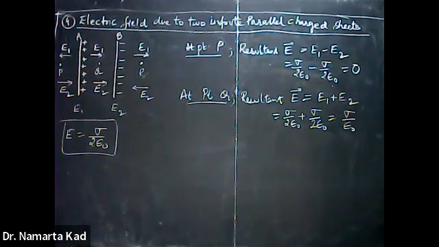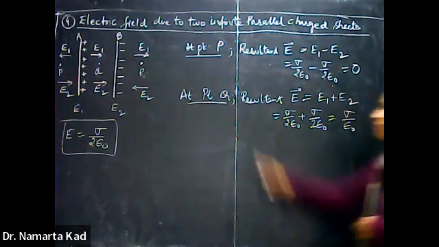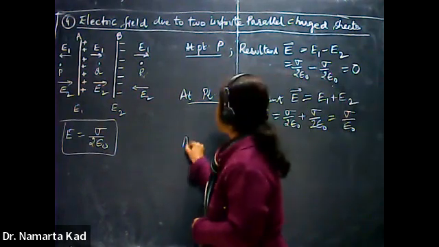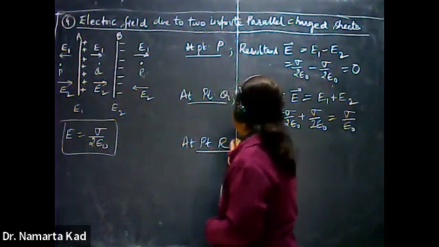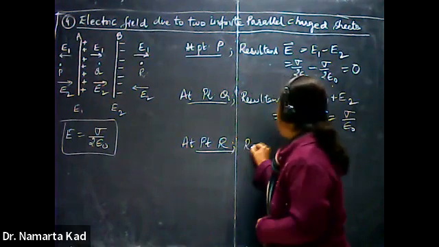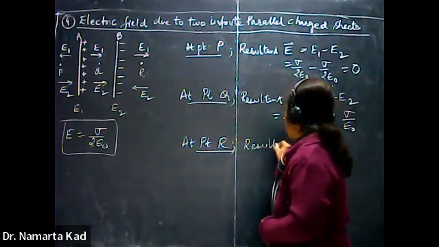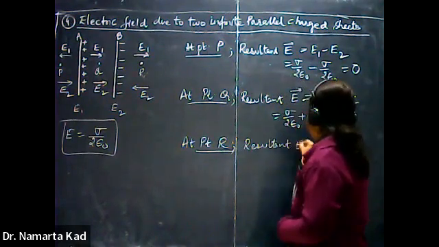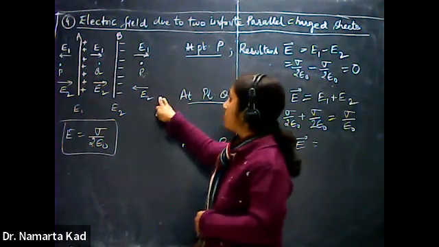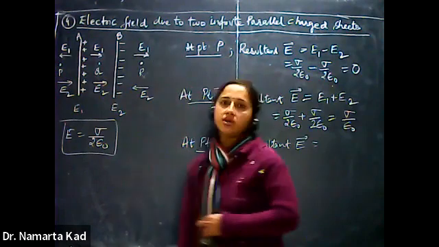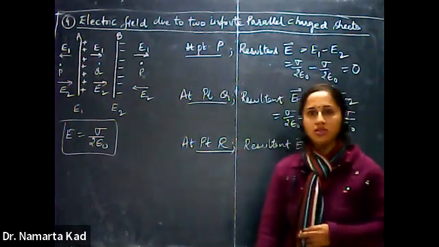Okay, so this is for point Q. Now at point R, here the resultant electric field intensity, as seen from the diagram, the directions of E1 and E2 are again opposite to each other.